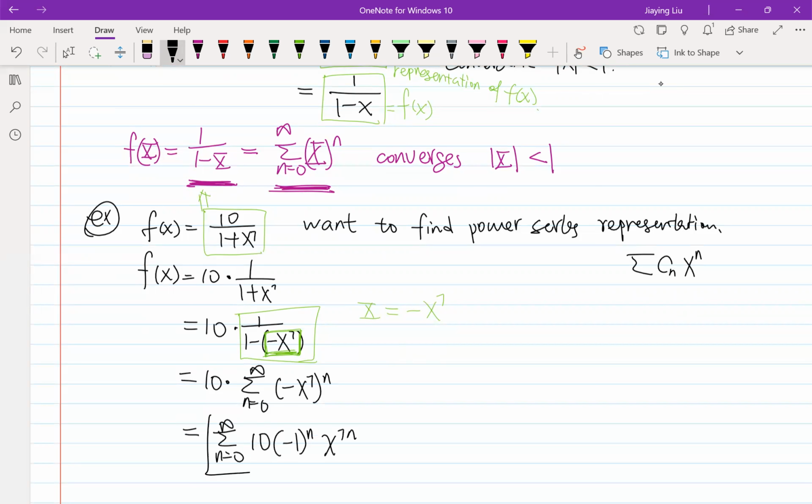So this is the final answer, the power series that we're looking for, because this is the Cn. This is sort of the x to the n. It's x to the 7n, but it's equivalent to the x to the n part. Any questions on this?